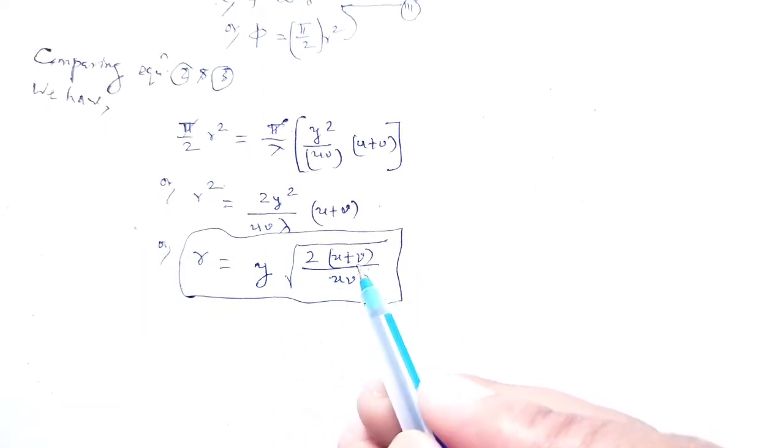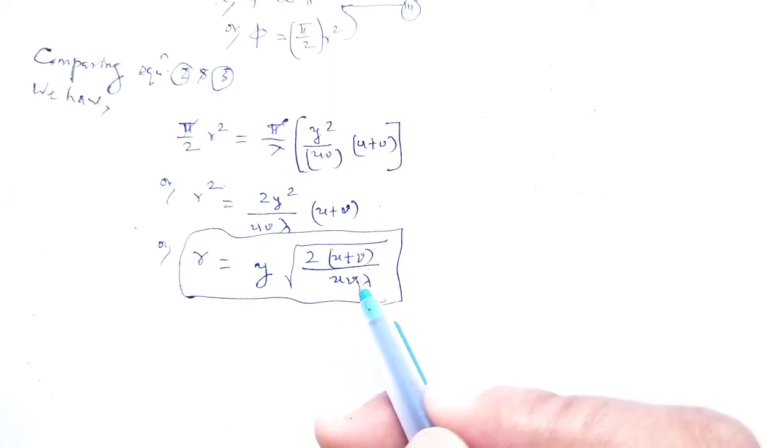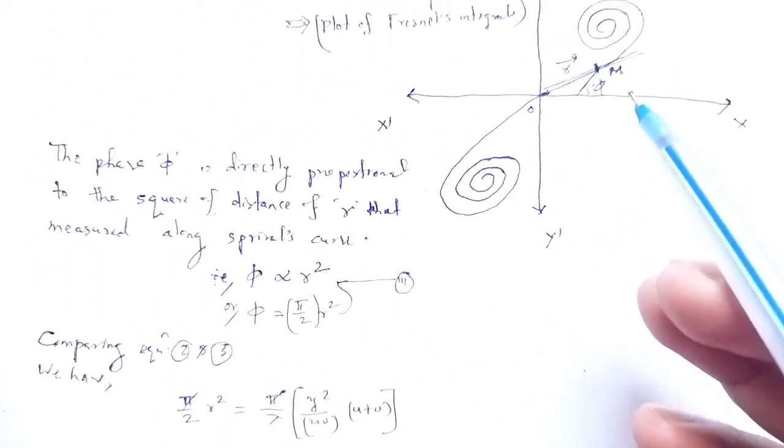Knowing the values of u, v, y and lambda, we can analyze the diffraction pattern by using the Cornu's spiral.